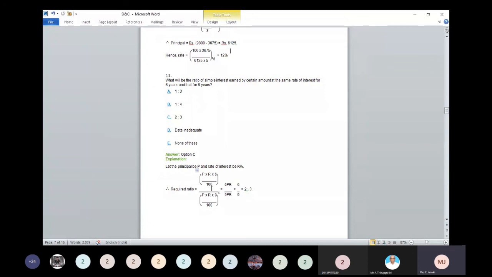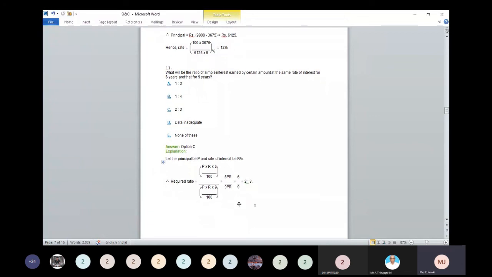The second one is PRT for 9 years, into 9, divided by 100. Now cancel this 100 and PR. Finally we'll be getting only 6 by 9. So the ratio is 2 by 3, that is 2:3. 2:3 is the ratio.